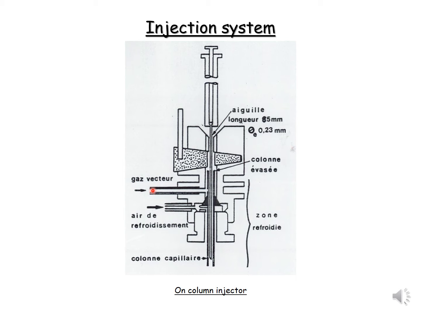Here you have the needle, and you inject directly at the top of the column, with a heater block to perform progressive heating and progressive vaporization of the compound.